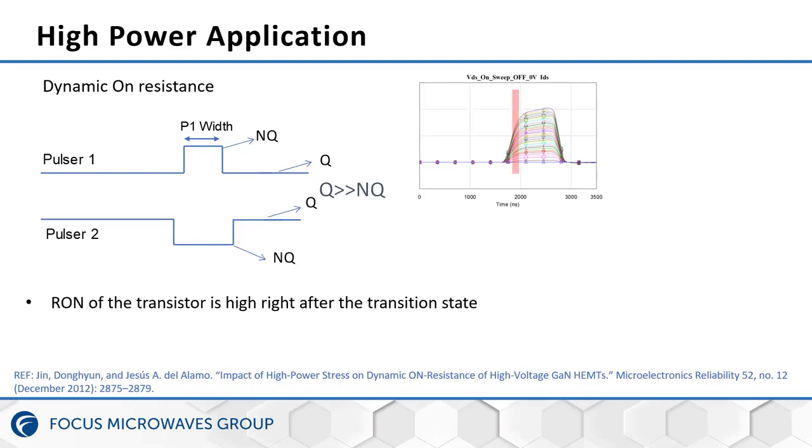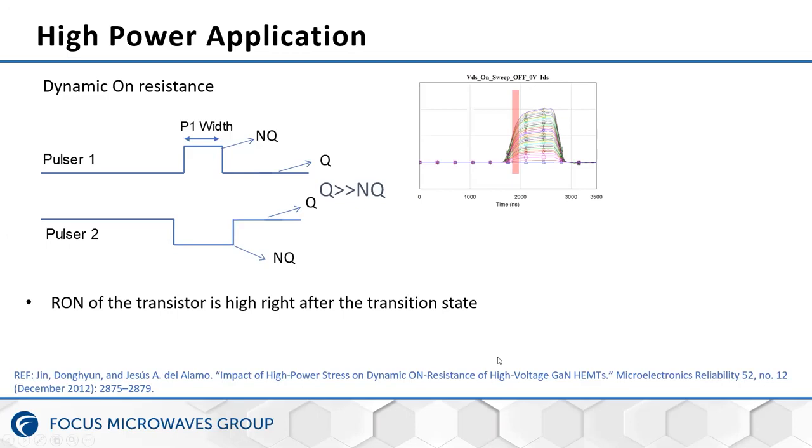Now, one paper published the different characterizations of the dynamic on resistance measurement and what factors it depends upon. It is reported that R on is affected under two different conditions. The first is what the R on is right after the transition state, as soon as the pulse turns on.